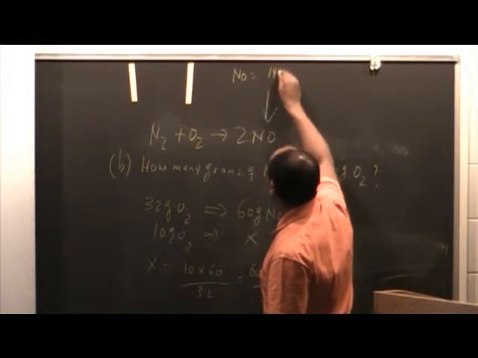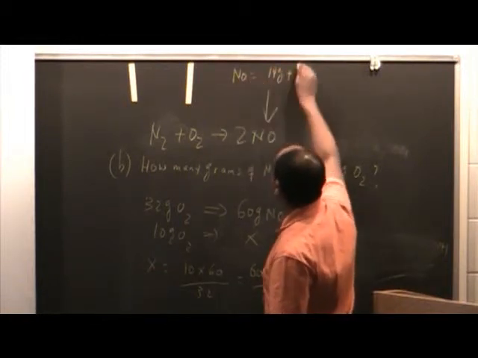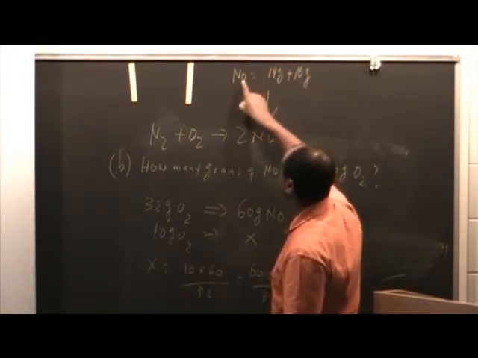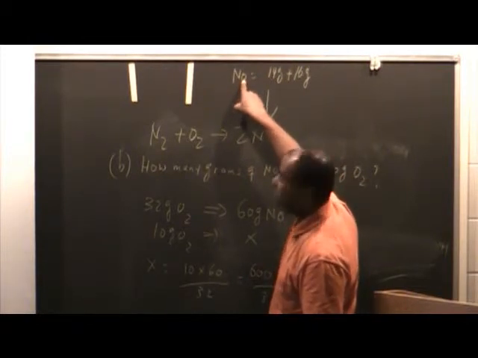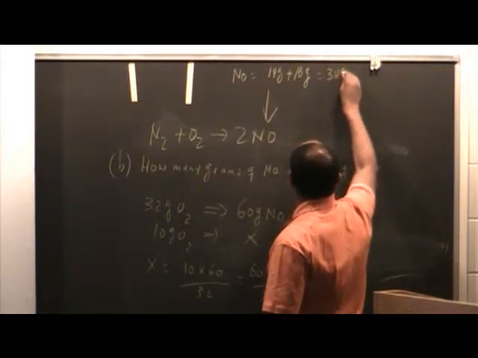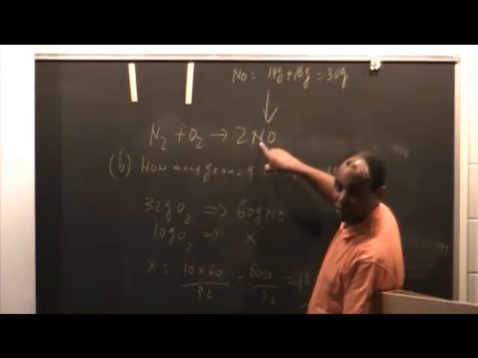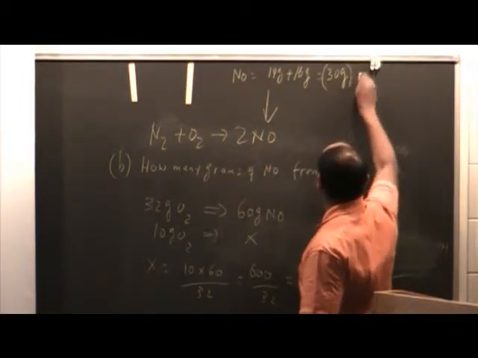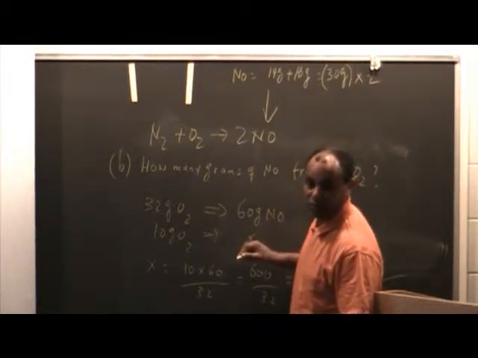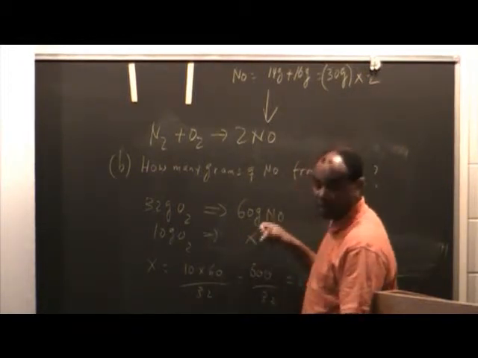N is 14 grams, oxygen is 16 grams, so that is 30. However, in the balanced equation you have 2 times NO, so you multiply this by 2. That's how you came up with 60 grams of NO.